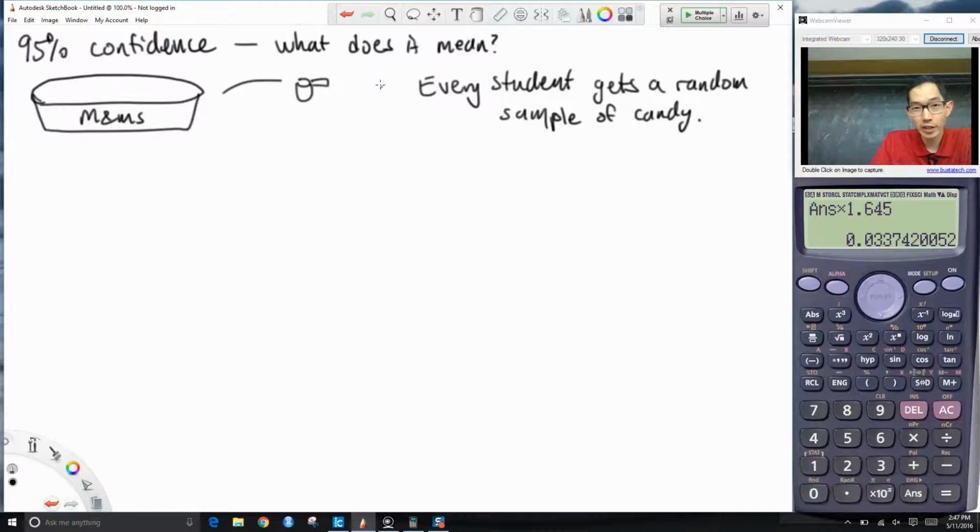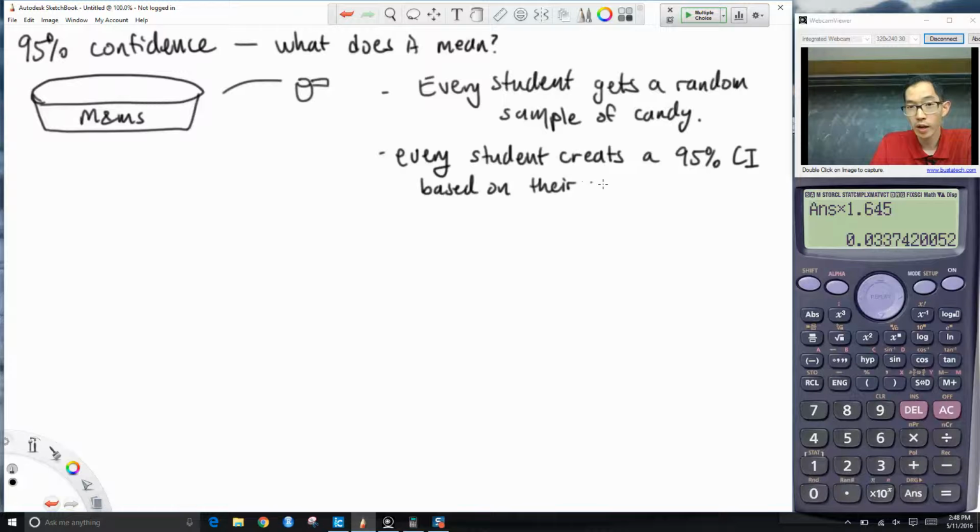Then every student creates his or her own 95% confidence interval based on their data.